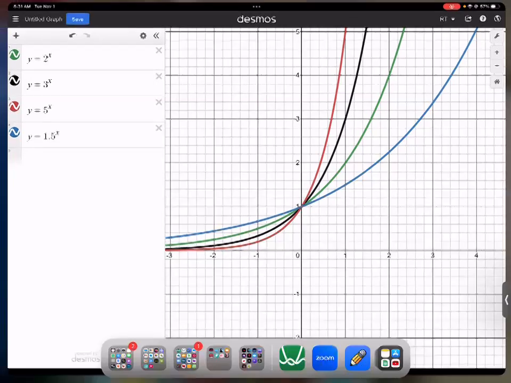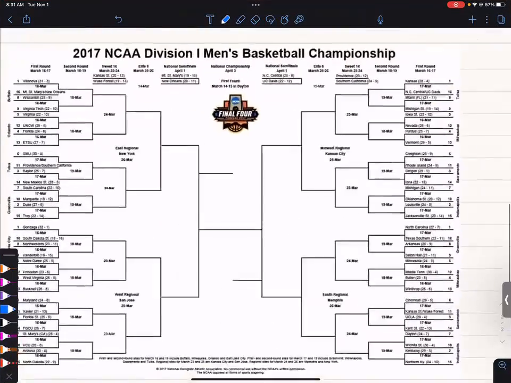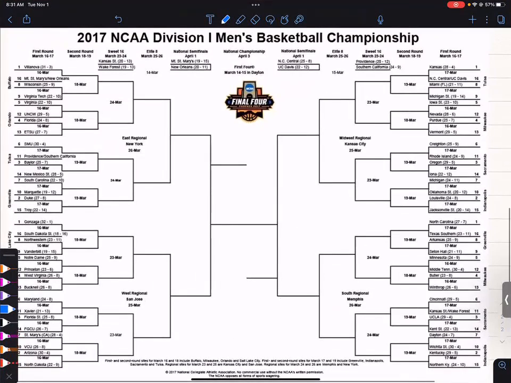Okay, cool. How about another quick example of a thing that we know pretty well, or probably? Here is the basketball bracket, right? First, let's forget about the play-in game thing.